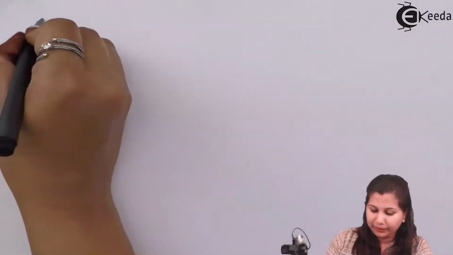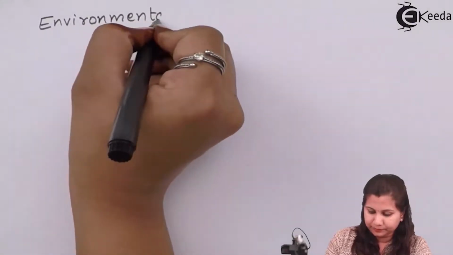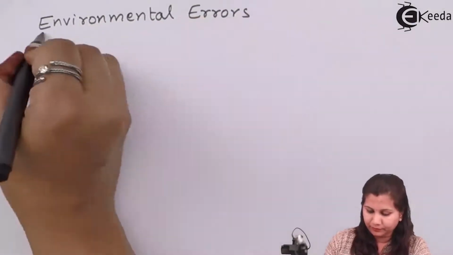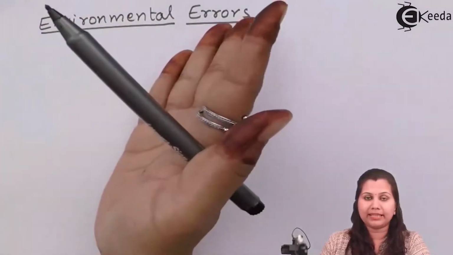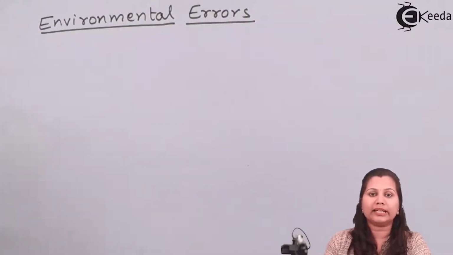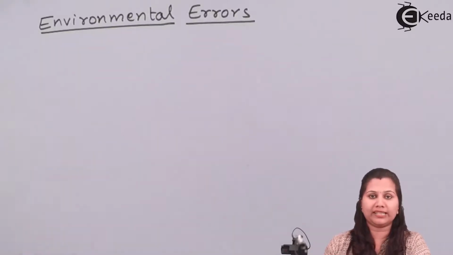Next type of systematic errors are the environmental errors. As the name suggests, the environmental errors occur due to the environment. If any changes are taking place in the external environment of the instrument, and there is any effect in the reading, then an error can occur.